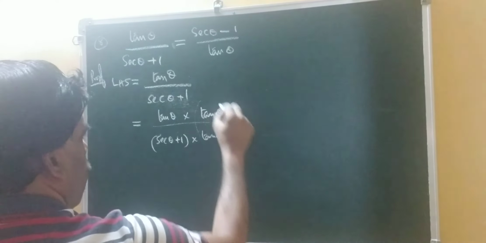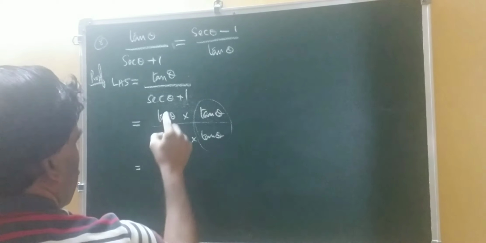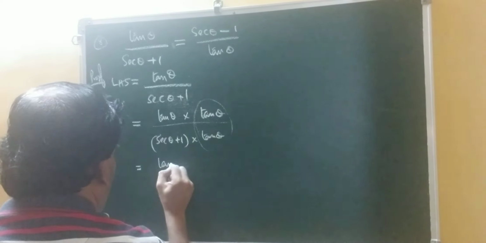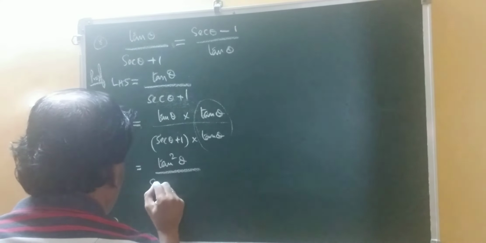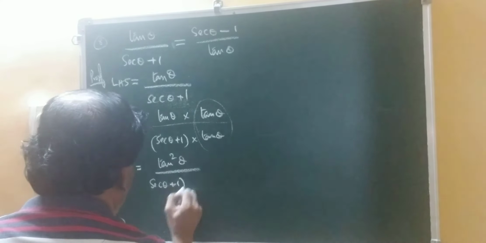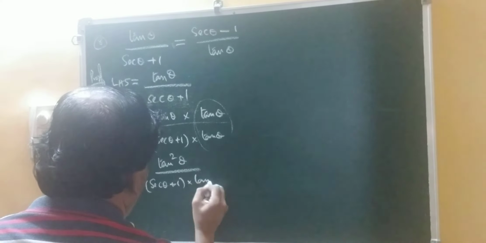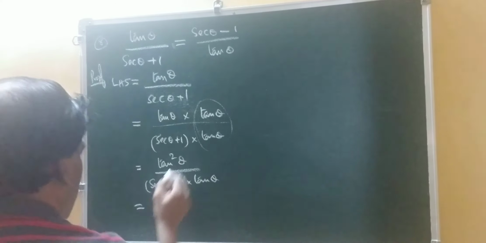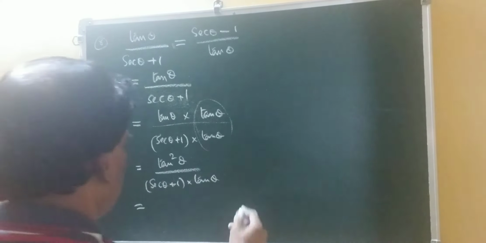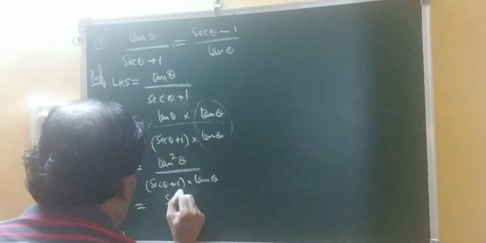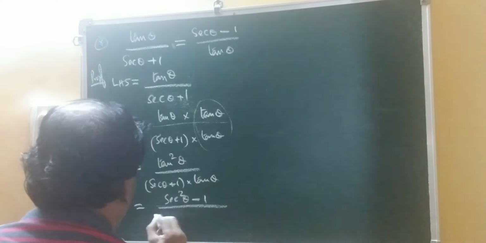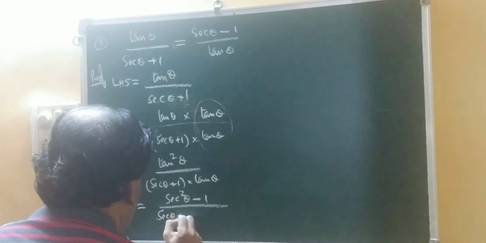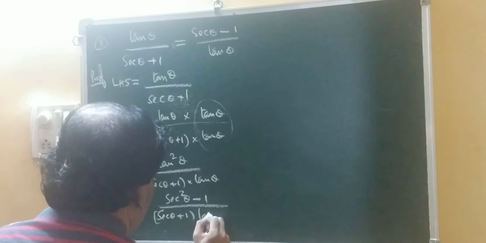See here I have multiplied. So what is tan into tan? Tan square theta upon sec theta plus 1 into tan theta. Now what is tan square theta? Sec square theta minus 1 upon sec theta plus 1 into tan theta.